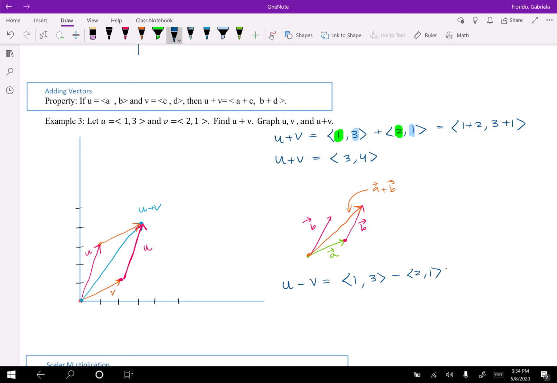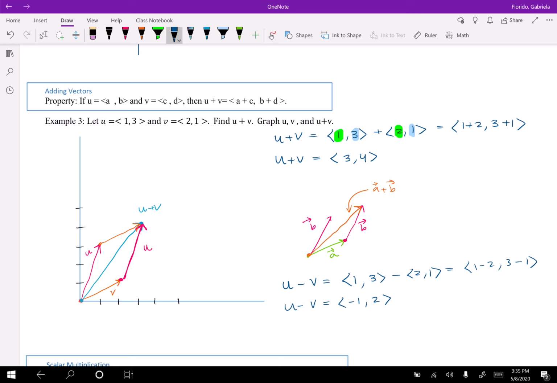So this would be 1 minus 2, comma 3 minus 1. And so vector u minus vector v is going to be vector (-1, 2).